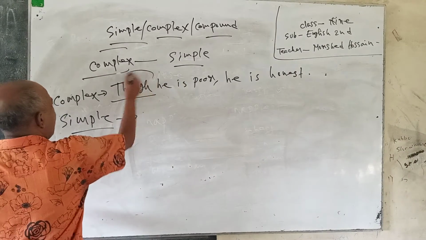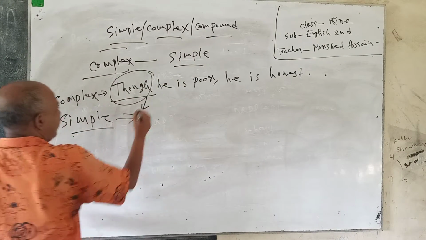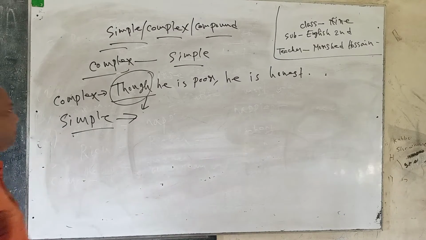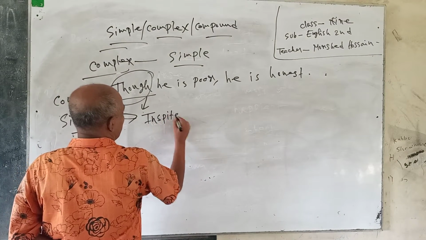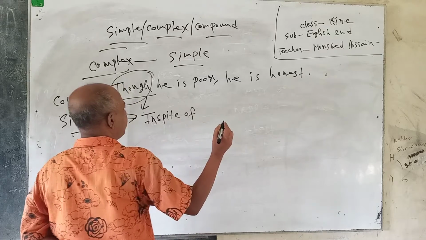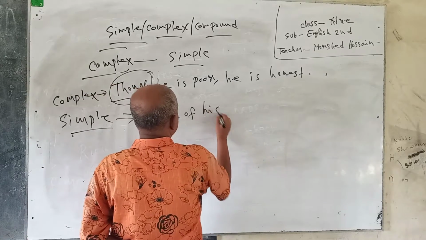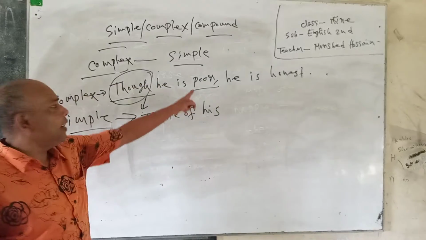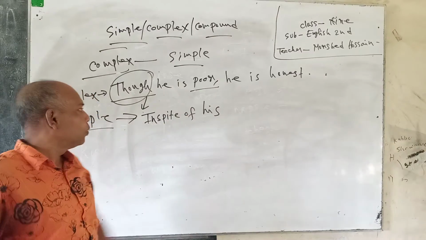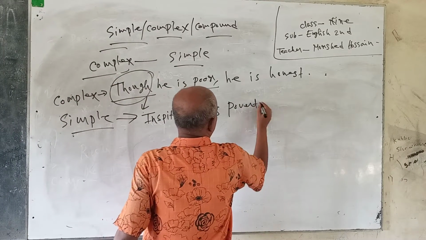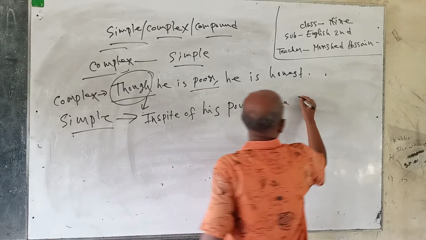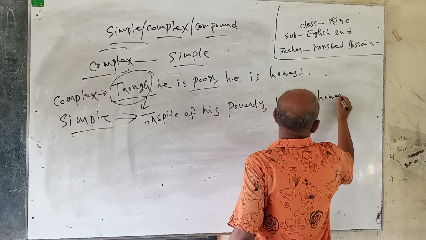If there is a though form, then it will divert into in spite of. This adjective will divert into the noun. In spite of his poverty, he is honest.